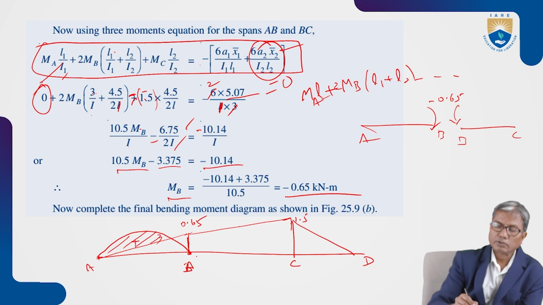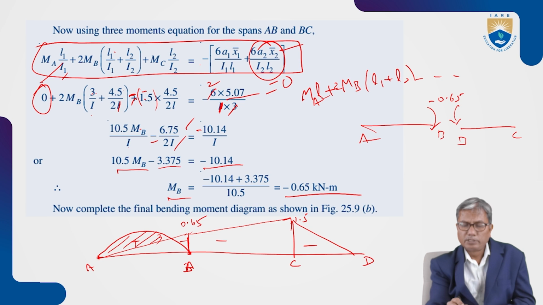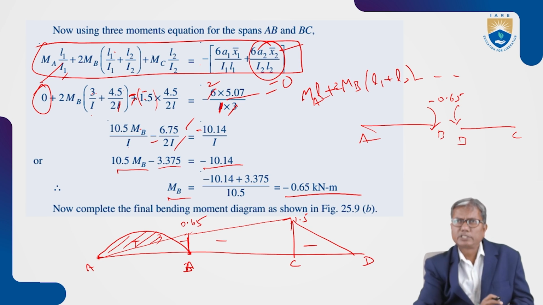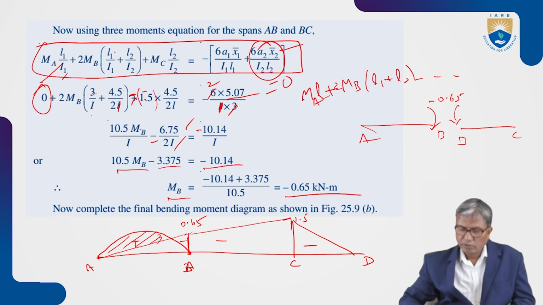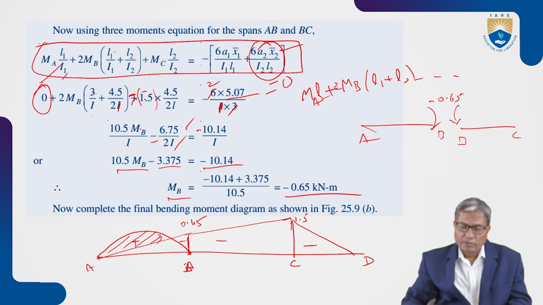This is all negative. So this is how we draw the bending moment diagram: the fixed bending moment diagram plus the free bending moment diagram superimposed on that.